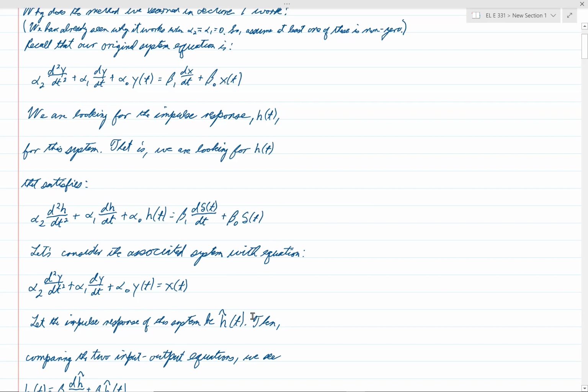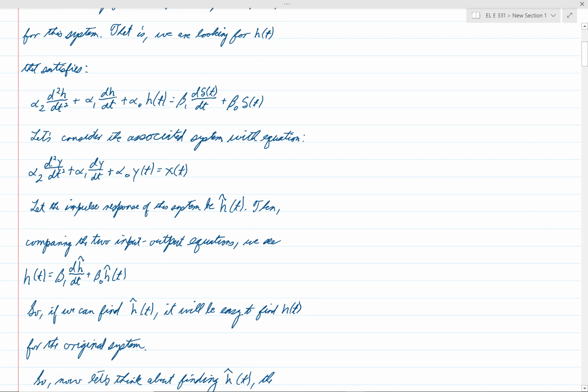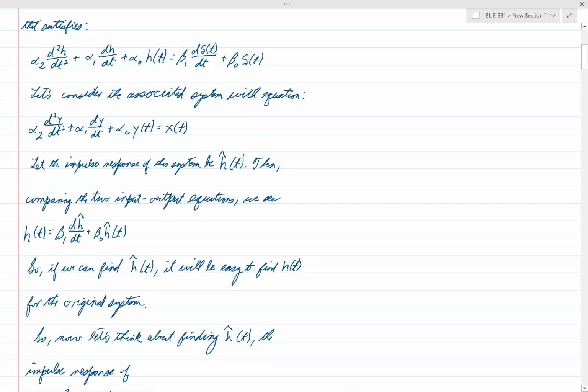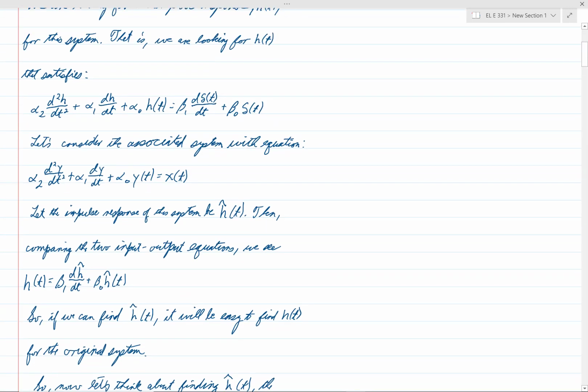So again, h hat of t is the impulse response of this system. So what we're going to do is, first of all, think about: if we could find that h hat of t, then how could we find h of t for the overall system?